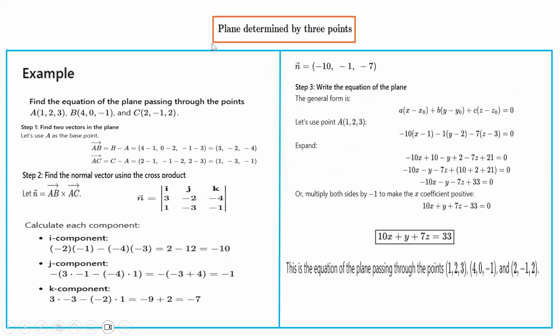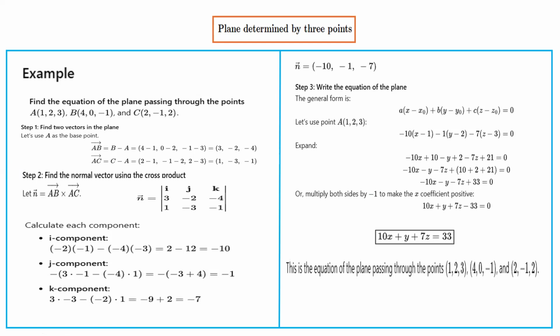I also have another example worked out here. For the other example, we're given 3 points again: A (1, 2, 3), B (4, 0, -1), and C (2, -1, 2). We're going to find 2 vectors in the plane, vector AB and AC.